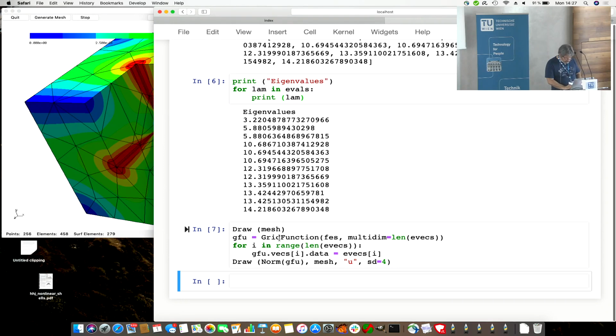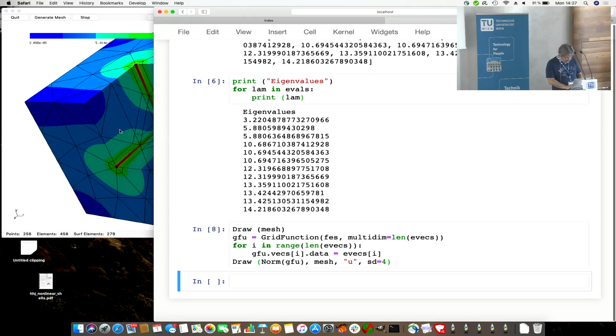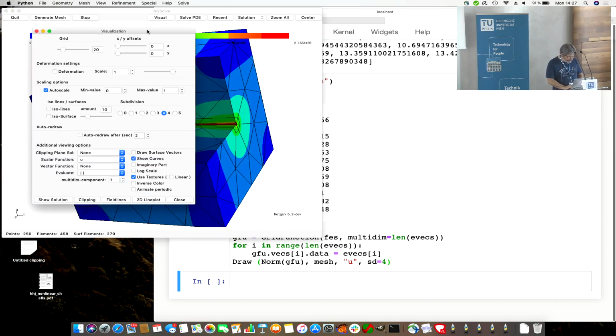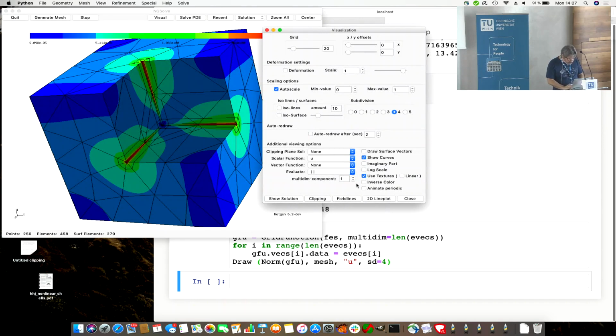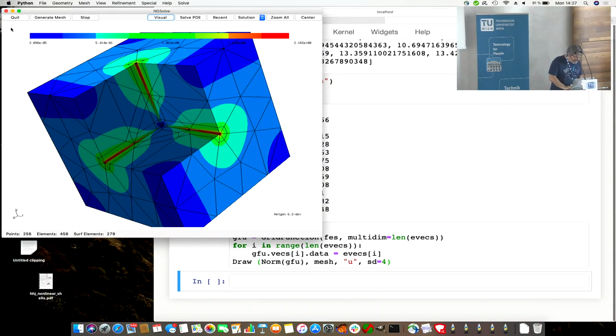We have just one. Sorry, I didn't do this. No. Sorry, I don't know. We don't see the different one. Something wrong here. We see the first one, which looks sufficiently nice.